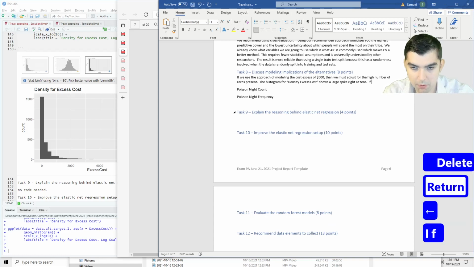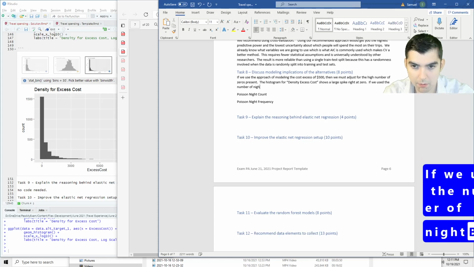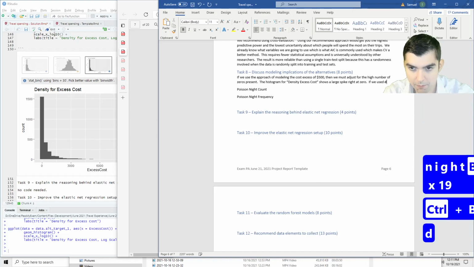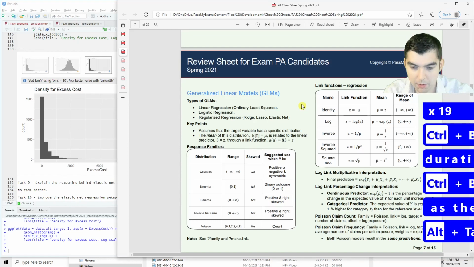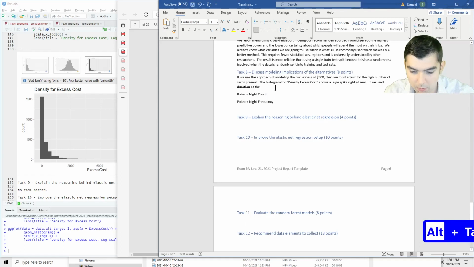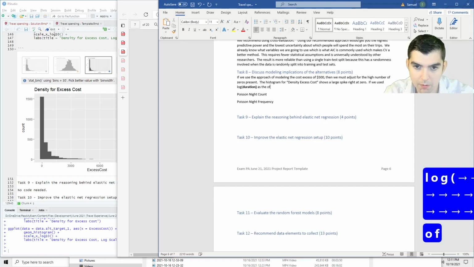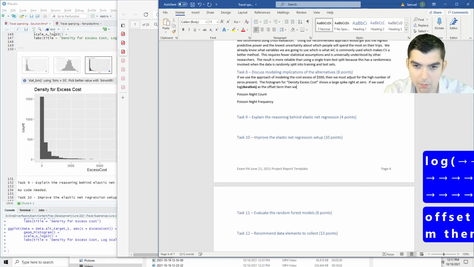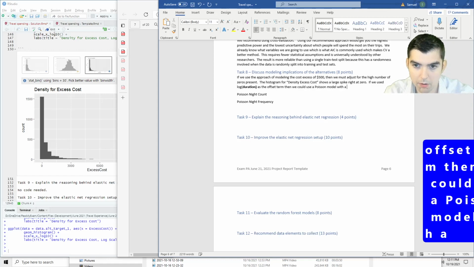So if we used the number of nights, if we use duration, we use log duration as the offset term, then we could use a Poisson model with a log link.